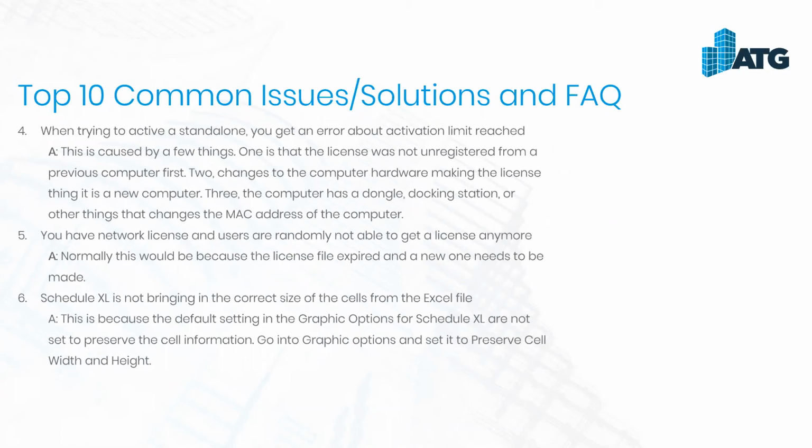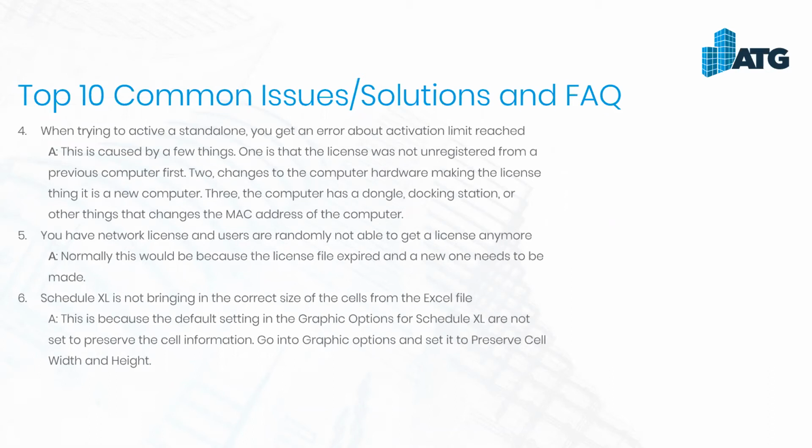So it looks at the hard drive, the MAC address, and those sort of things. And if that changes, that's going to affect the activation. This is mentioned in the installation and configuration guide. So if you're going to make any changes to the hardware, I would recommend to unregister the activation first and then register it again after the changes have been made so that it doesn't affect your activation history.